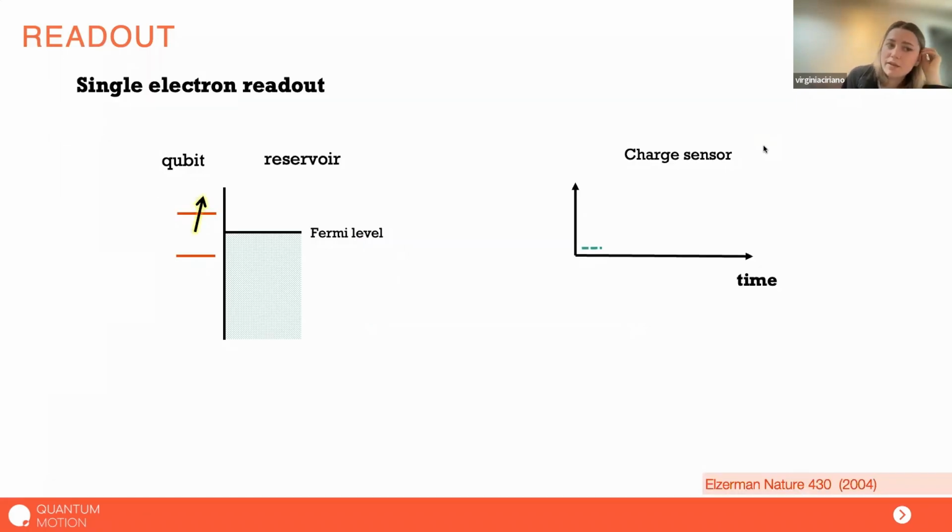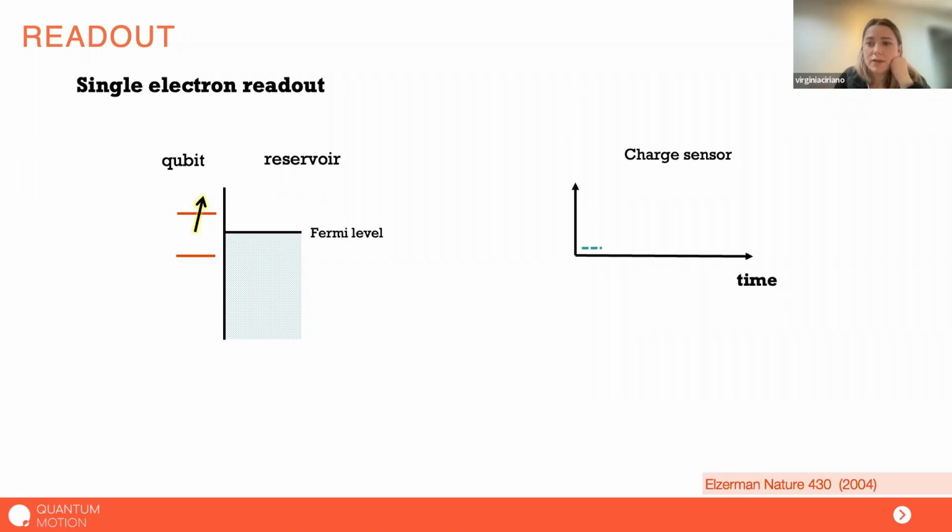To read a single spin is very difficult. So what people normally do is, instead of reading the spin directly, they convert the spin state into some kind of charge tunneling. And instead of measuring the spin, we're measuring the electron moving to a different place. So, for example, we're going to place our qubit close to a reservoir that it is tunnel coupled to.